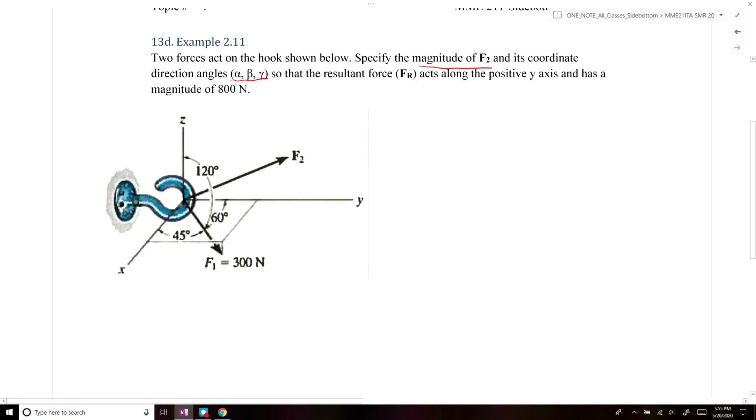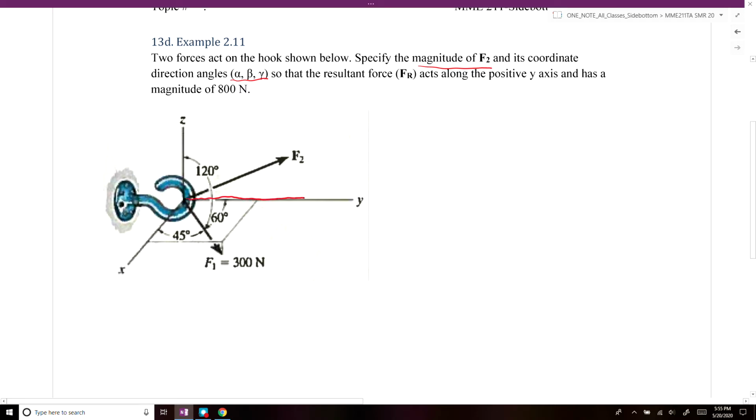So what I'm going to do here is draw our resultant force on our diagram. We know that the magnitude of Fr is equal to 800 newtons.